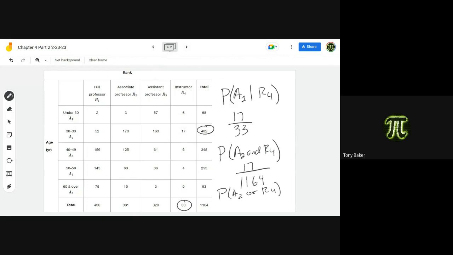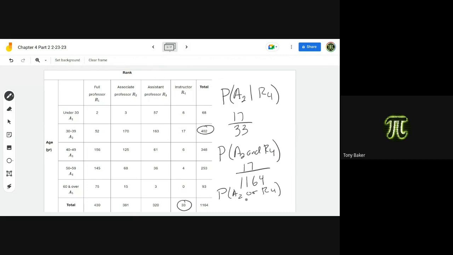Now, are these mutually exclusive? So when we're doing the or, we're adding those two, right? But we have to do what, since they're not mutually exclusive? We're going to subtract that 17 because that's the overlap. So I would do 402 plus 33, which is 435 minus 17.